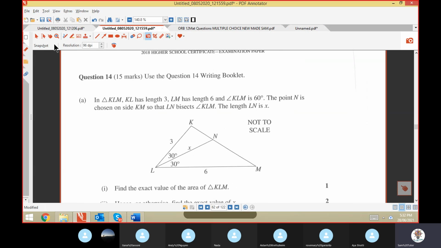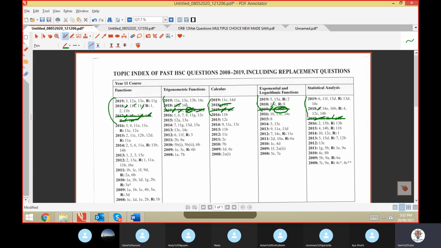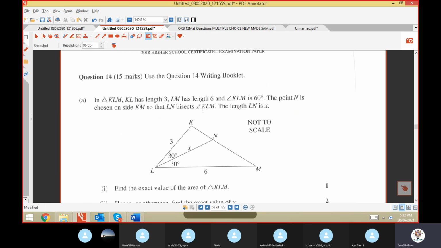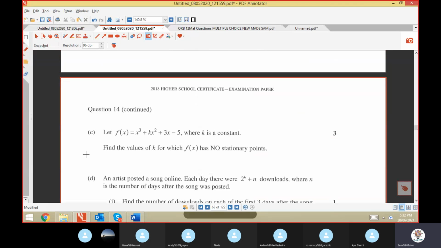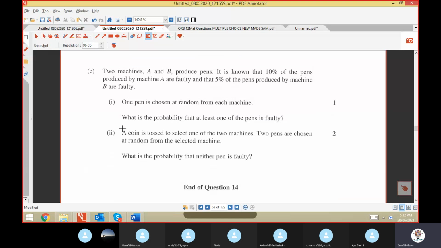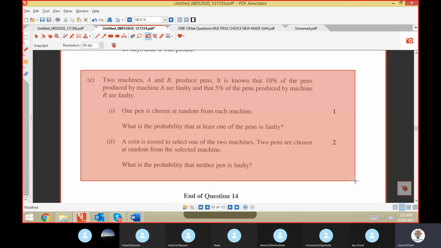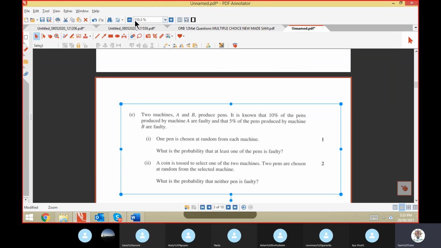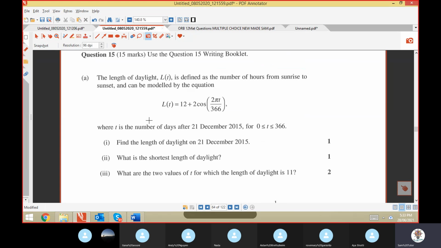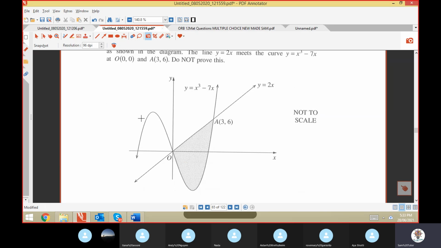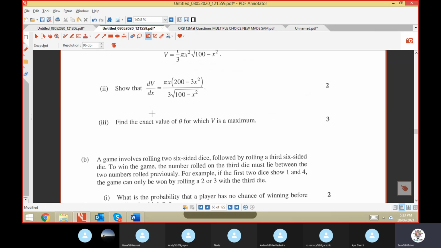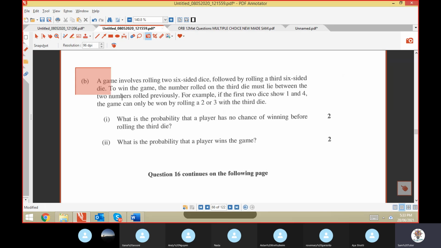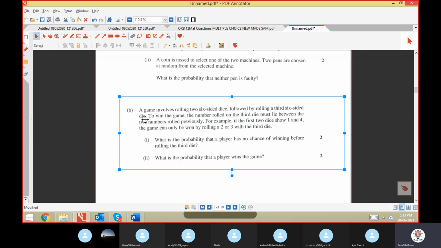That was question 14A. 14E and 16B. 14E and 16B. 14B. 16B. Both probability.